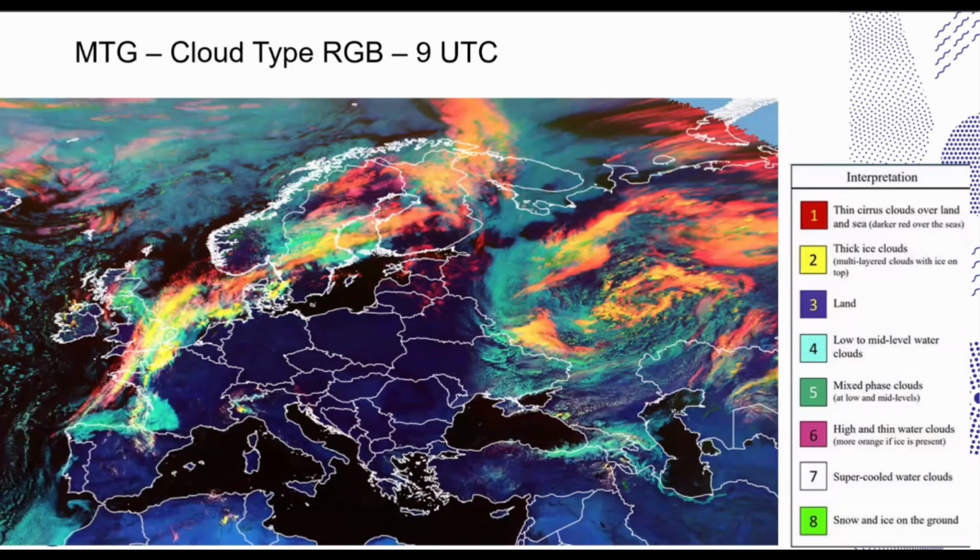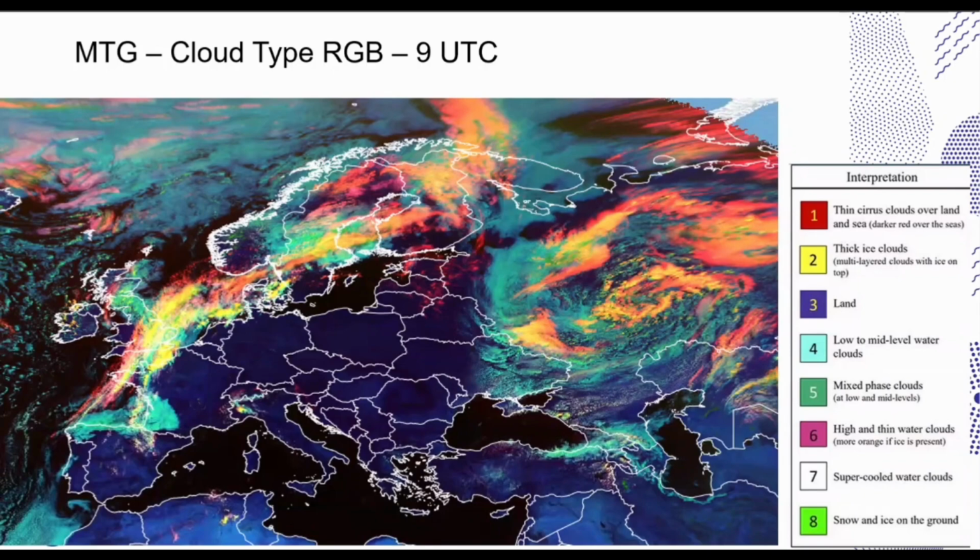So we have in yellow, orange colors thick ice clouds, where we had the fronts going on, and also where we had the upper level low in the western part of Russia. And then you can also see very well the low clouds, which are here in cyan or light blue colors.